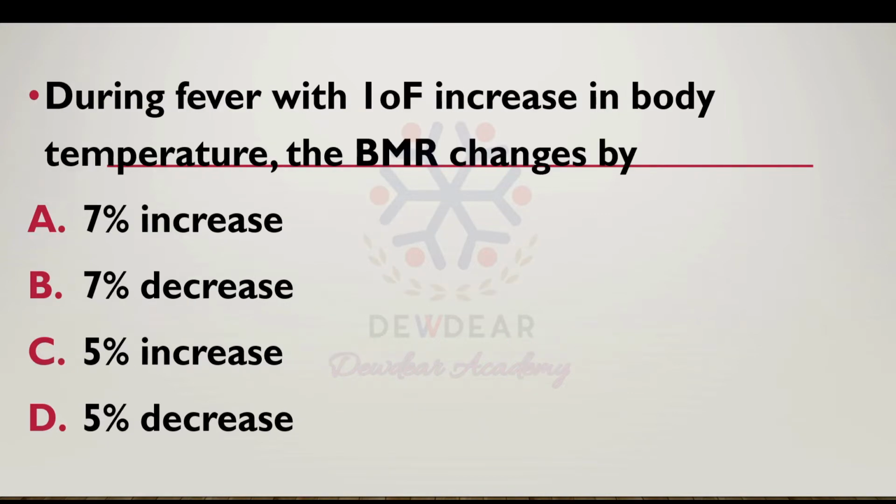Then the next question, during fever with 1 degree Fahrenheit increase in body temperature, the BMR changes by: 7% increase, 7% decrease, 5% increase, 5% decrease.